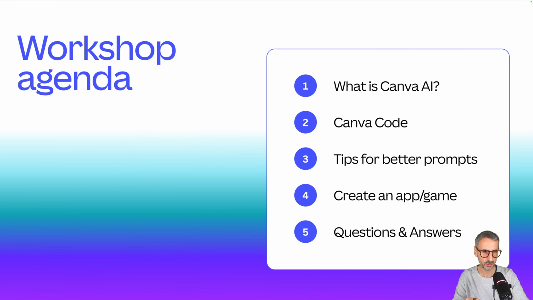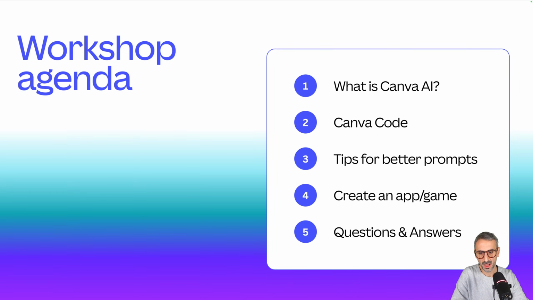What's on the menu for today? We're going to briefly talk about what Canva AI is, why it's important, and why it's a shift in the way Canva works. Then we'll dig deeper into Canva Code, which is the specific tool that will allow us to create these apps.